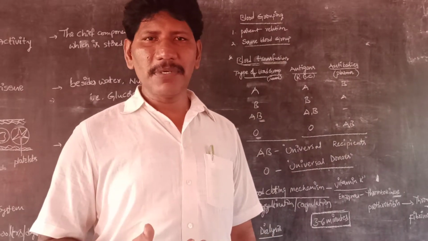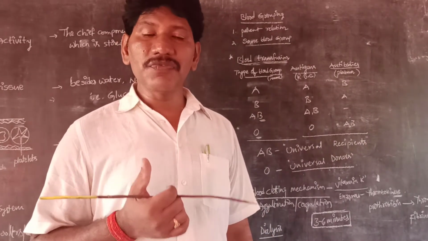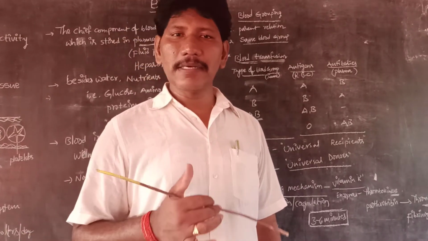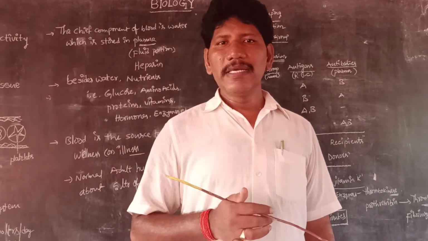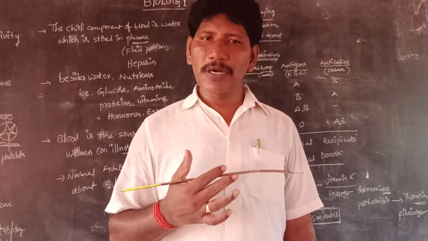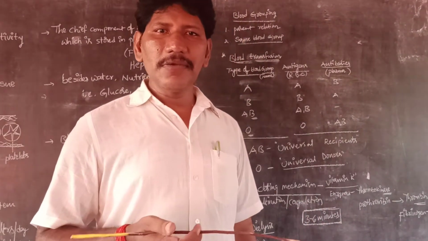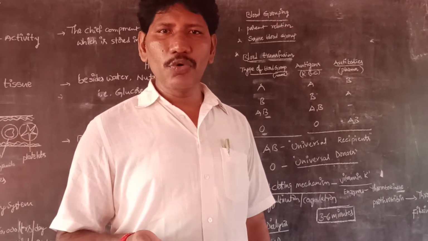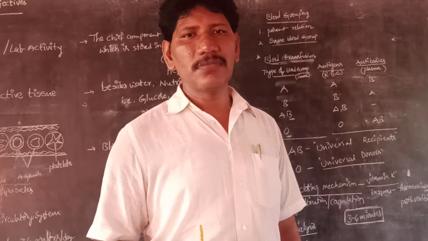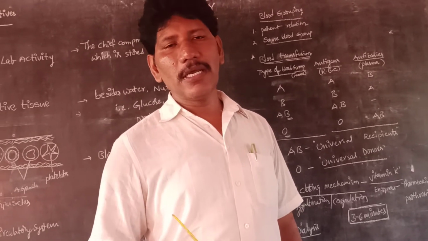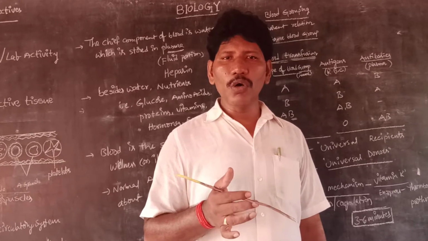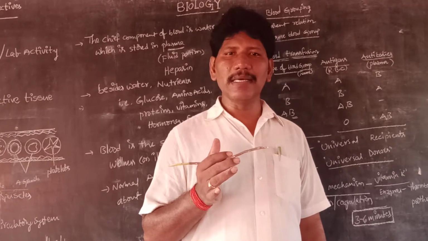As I said previously, at the time of blood transfusion, blood donation or blood receiving, it is mandatory that we know our blood grouping. Unknowingly injecting or donating the wrong blood group can lead to the death of the person. So it is a severe crime, and everybody has to know their blood grouping.